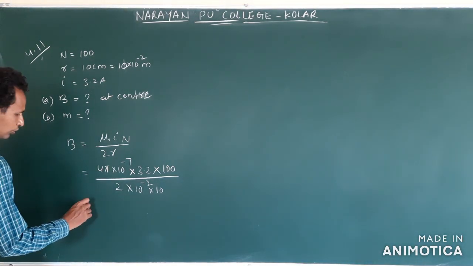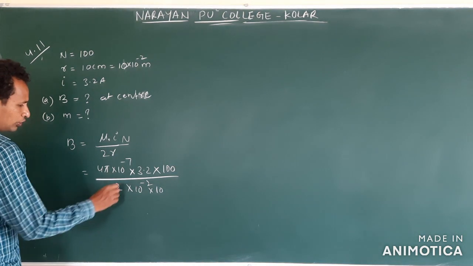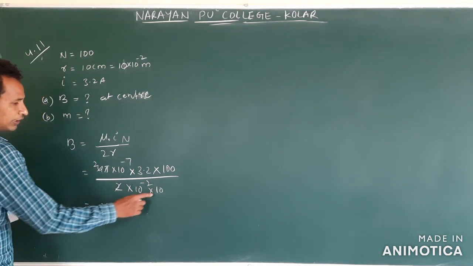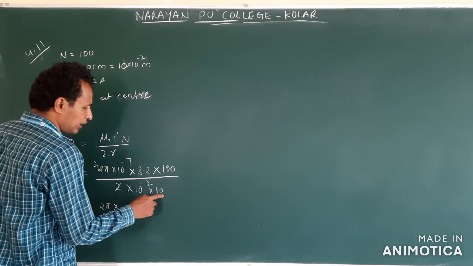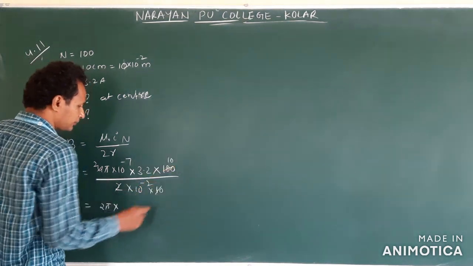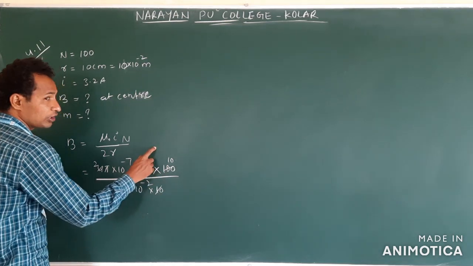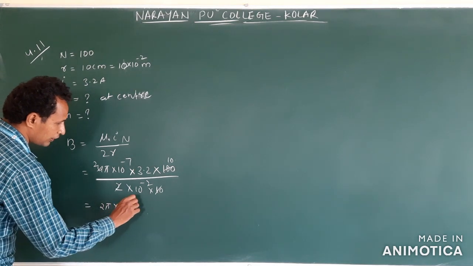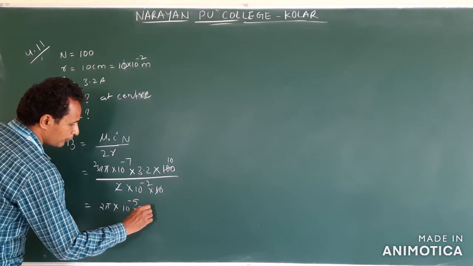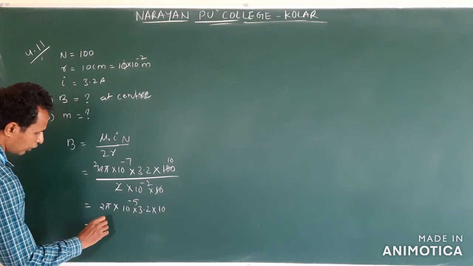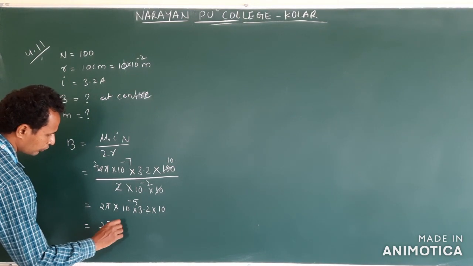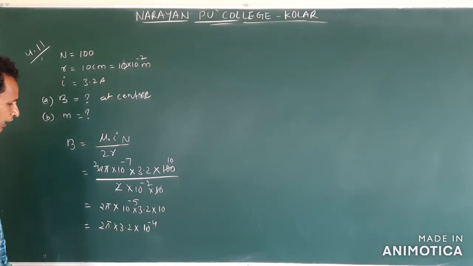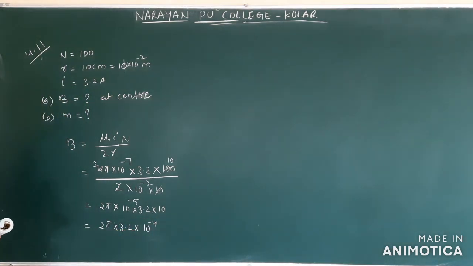Now cancel the 2s: 2 pi into 3.2 into 10 power minus 4. And you simplify, you will get the answer.